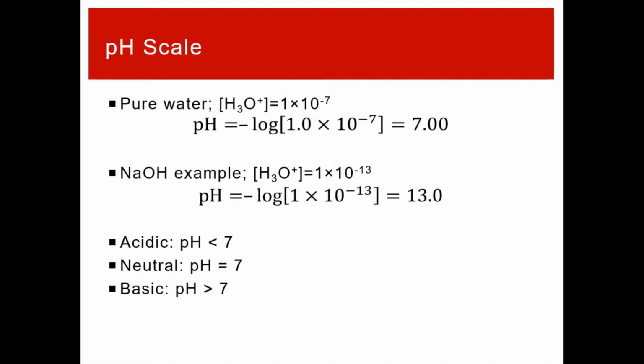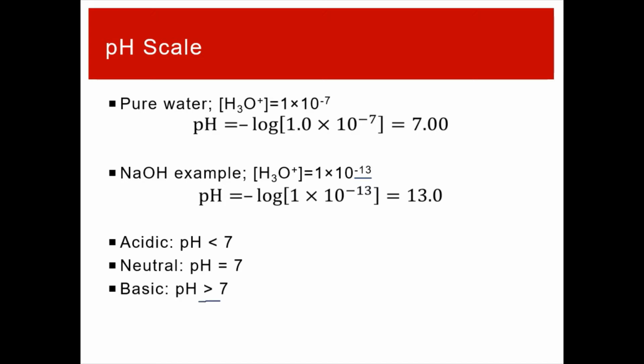So pHs greater than 7 correspond to basic solutions. It comes from, again, kind of inverting. We know that when we're dealing with concentrations, a power that is more negative than 10 to the negative 7th is a basic solution. In the case of pH, that more negative becomes more positive.